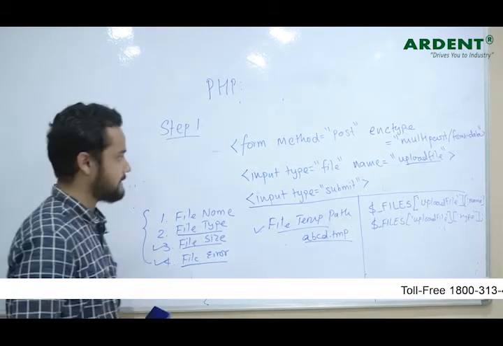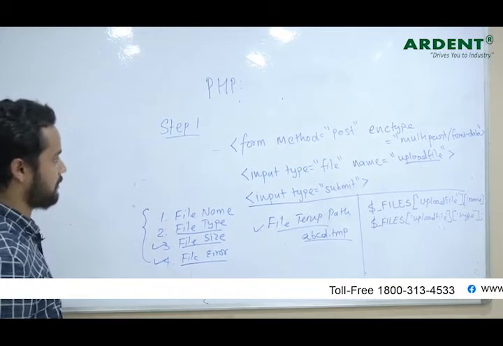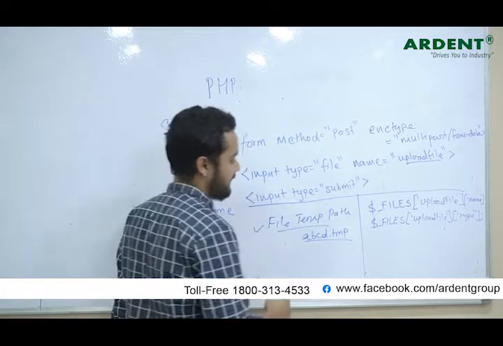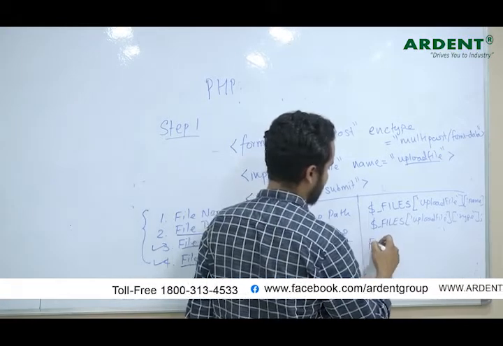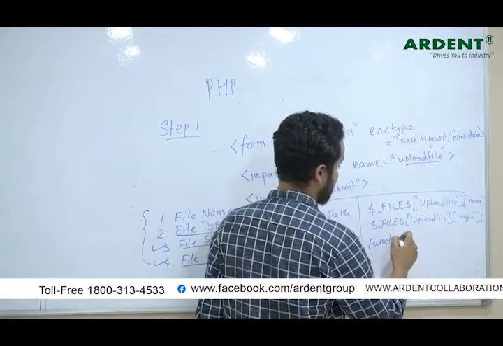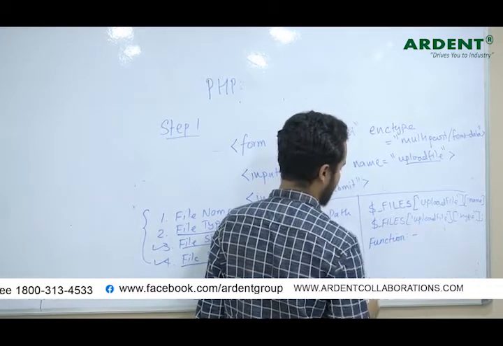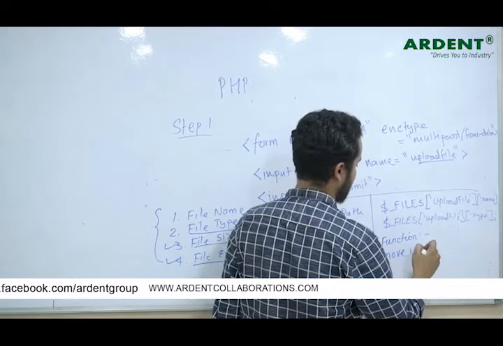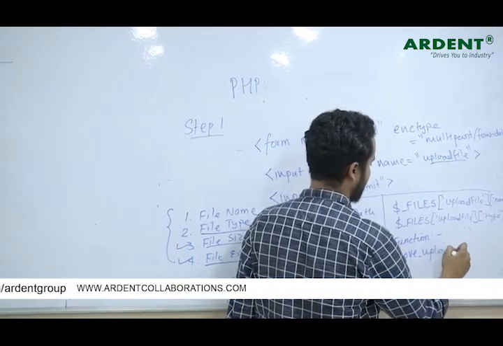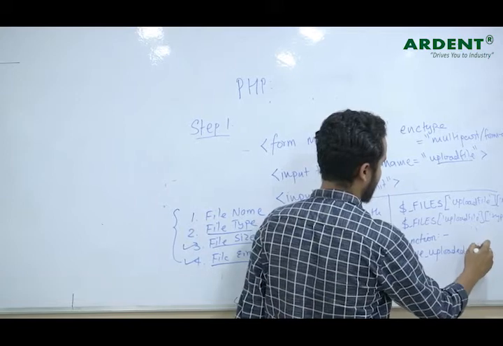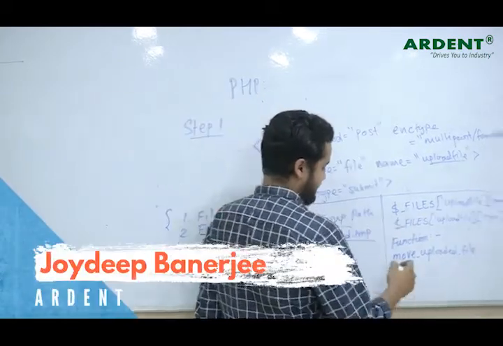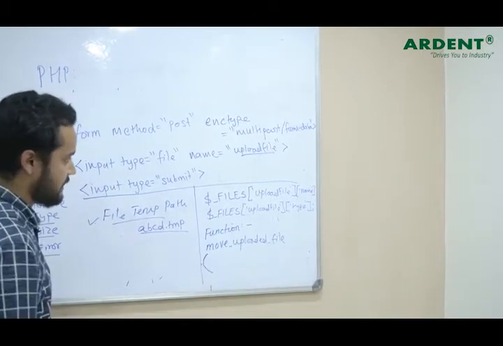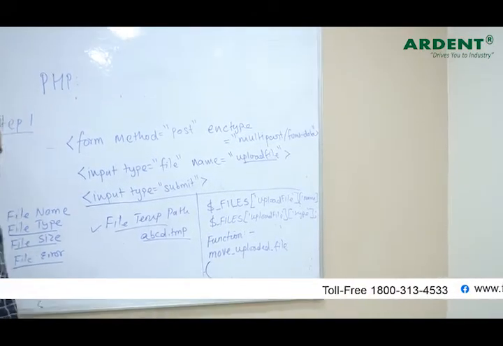Now, the next thing we have to do is use a function called move_uploaded_file, which takes two arguments. First is the temporary name of that particular file.